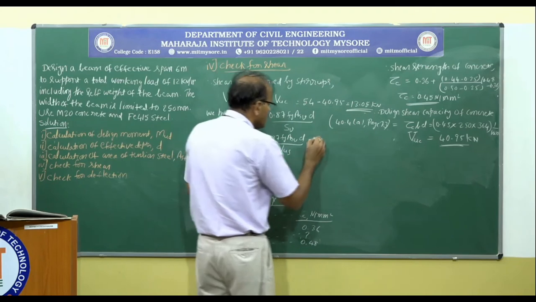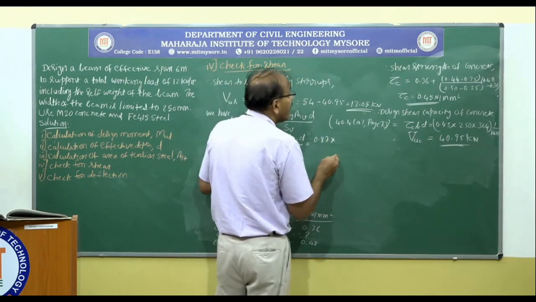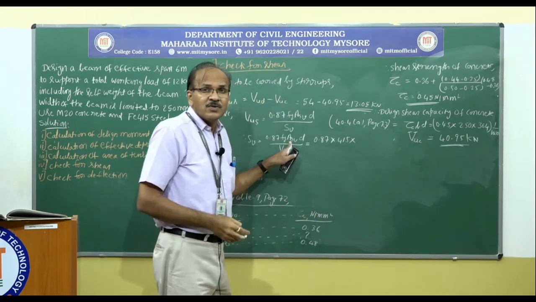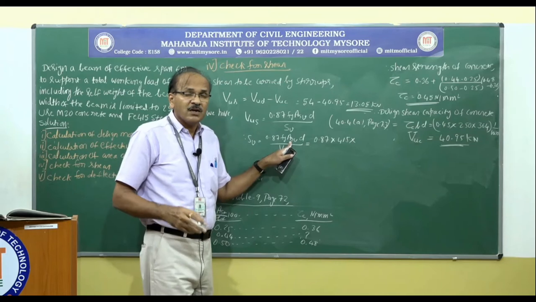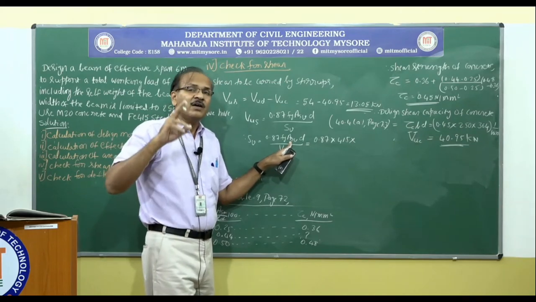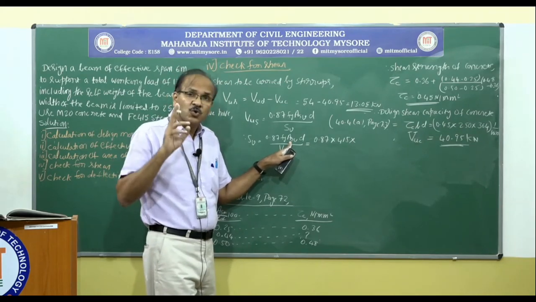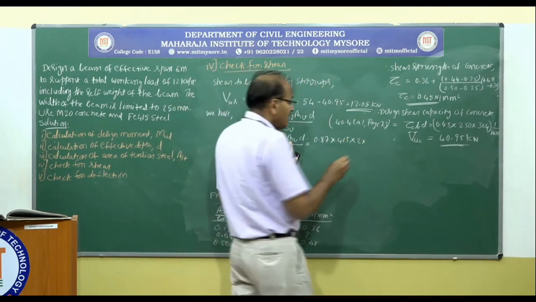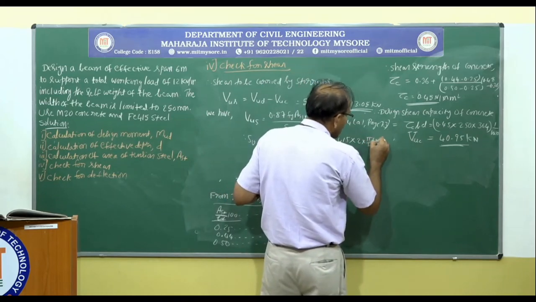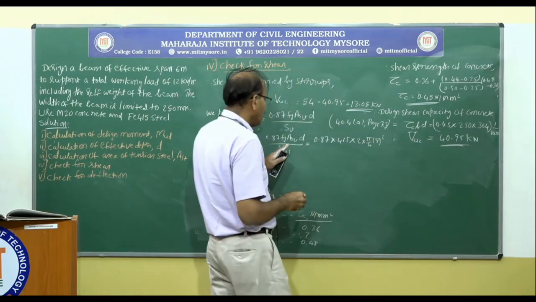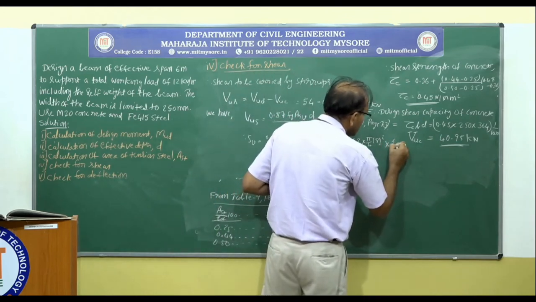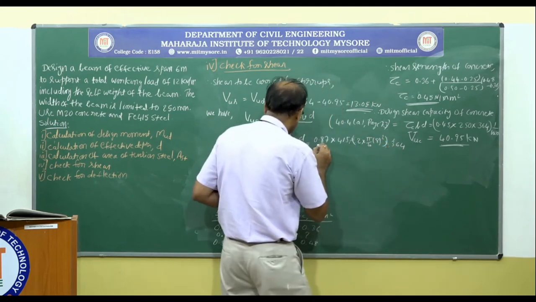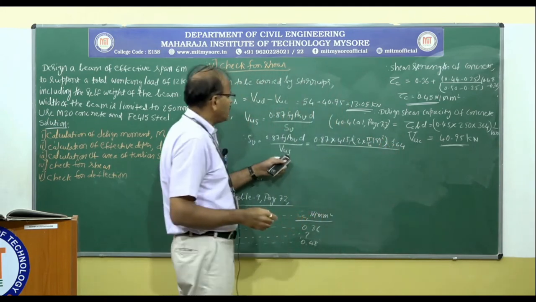So that is equal to 0.87 multiplied by Fy, 415, multiplied by ASV. So it is the area of cross section of stirrups. Here we have 8 mm dia stirrups which are 2-legged. So it is 2, this is number of legs, pi by 4 D square. Okay. And the effective depth is 364 divided by VUS.